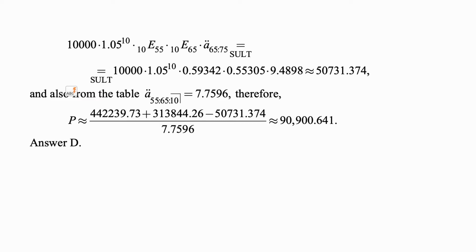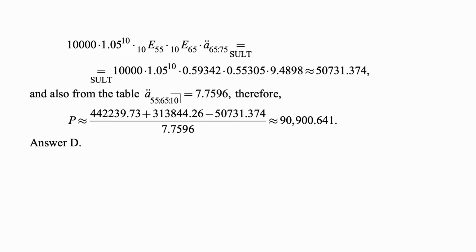And now, the part about the joint life annuity, a double dot A:65:75. That's also in the table. Look it up, where you have the joint life tables. So we're looking at 10,000 times 1.05 to the 10th times 10E55 times 10E65 times a double dot A:65:75.